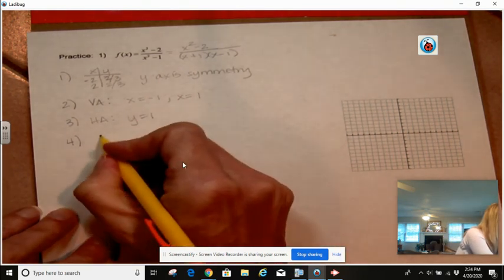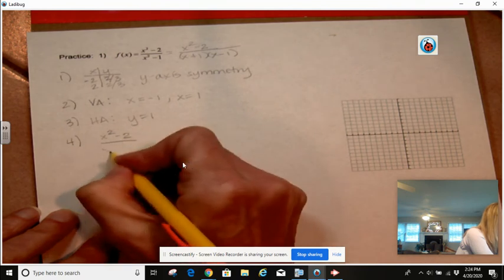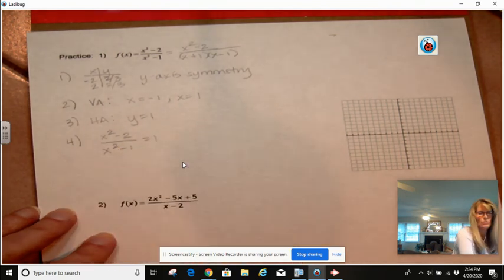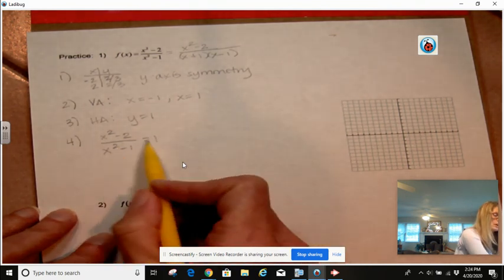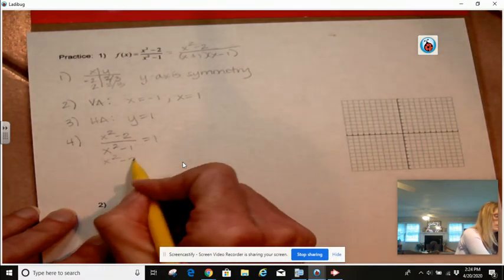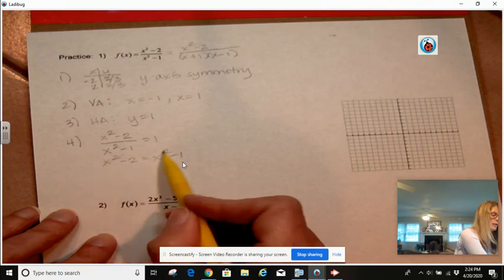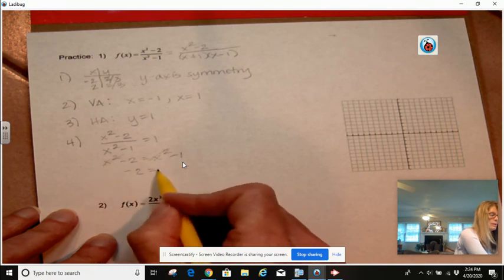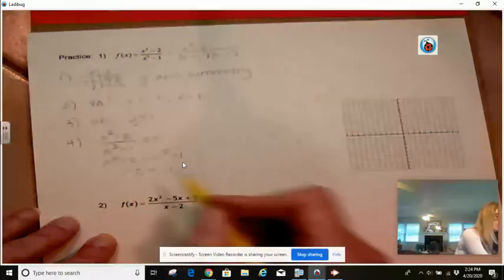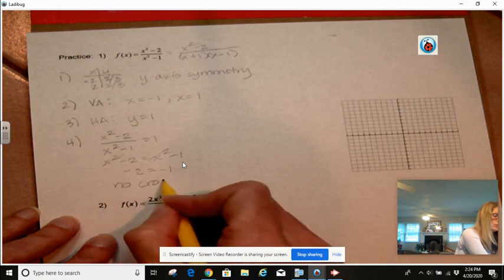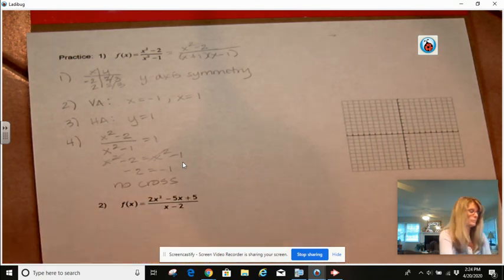So we set the function equal to the horizontal asymptote and solve, multiply both sides by the denominator. The x squareds will cancel out, and you're left with -2 equals -1. Well, that doesn't make any sense. So that means that the horizontal asymptote is not crossed.